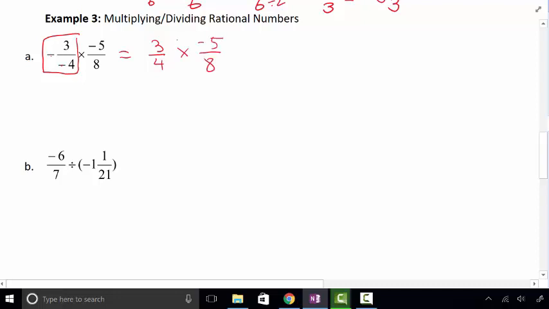Now remember, when you're multiplying, you don't need common denominators. You just multiply across. And so what you're going to get is negative 15 over 32. And so that's how you do that first question. Okay, now let's go to the next question over here.